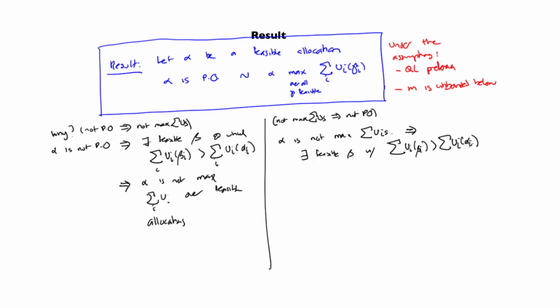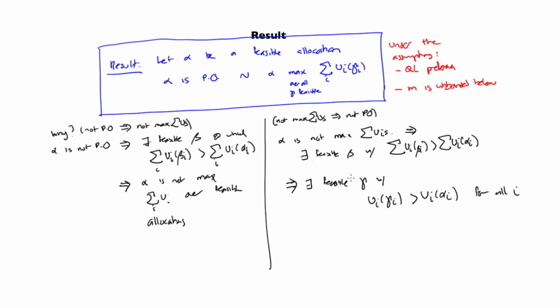But then I claim that this implies that there exists a feasible allocation gamma with the property that u_i(gamma_i) is strictly greater than u_i(alpha_i) for all i.